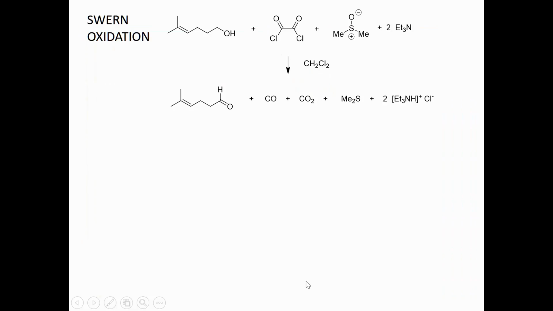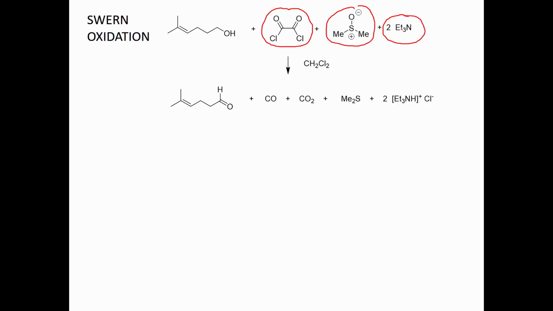So chromium-6 is something that people want to eliminate. There are many alternatives. I'm just going to discuss one, called the Swern oxidation. This uses only organic reagents. We're going to take as our oxidizing agents a mixture of oxalyl chloride, dimethyl sulfoxide, and triethylamine.